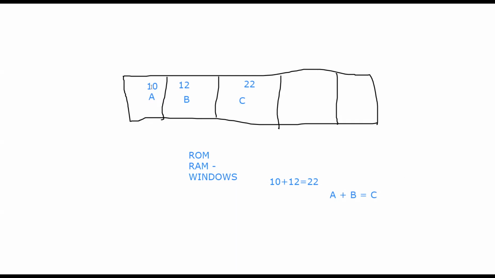And what is the content stored in A? 10. It's also going to go and look for the content stored in B. What is it? 12. The addition of both of them together, it will now store in C.